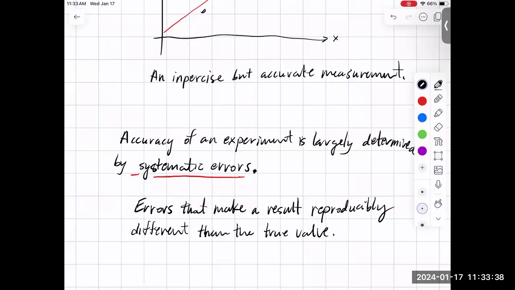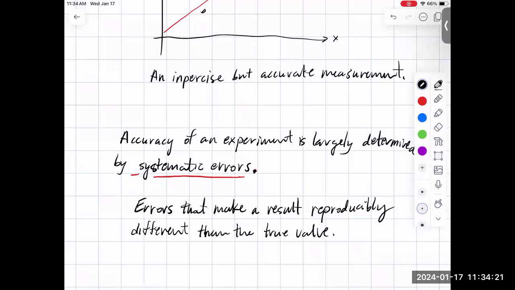You go 3, 2, 1, and then on 0, your friend releases the ball, and the person with the stopwatch is always a little slow to start the stopwatch, and so they measure a fall time that's too short consistently.